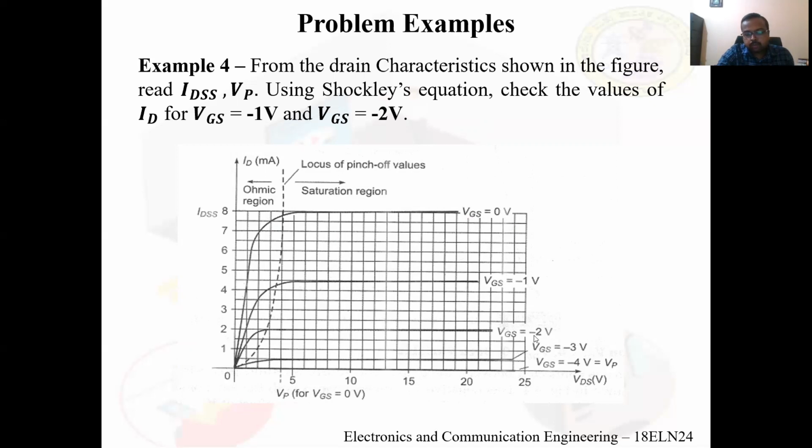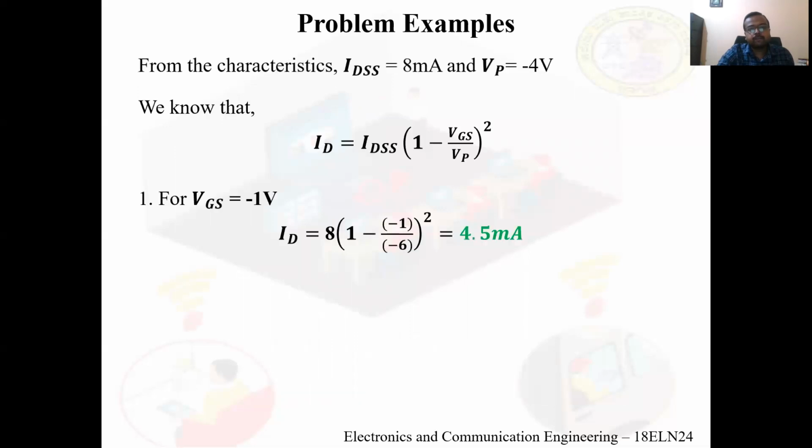And for VGS minus 2 volts, you get 2 milliamperes here. These are the problem examples related to JFET using Shockley's equation.